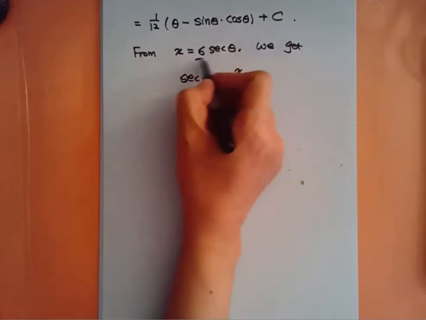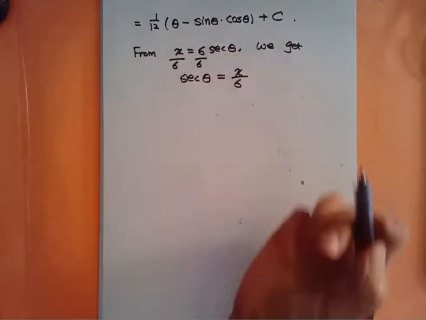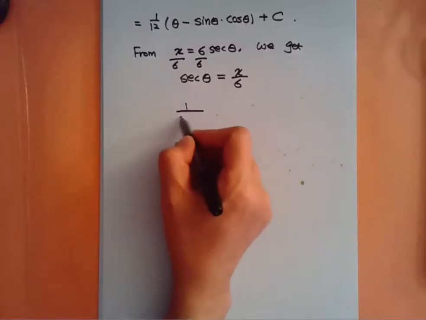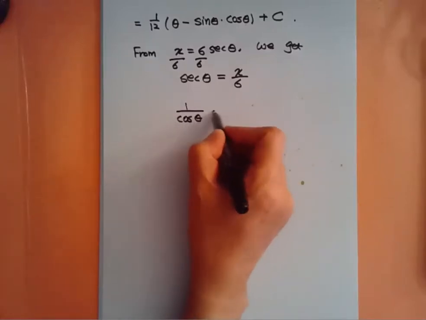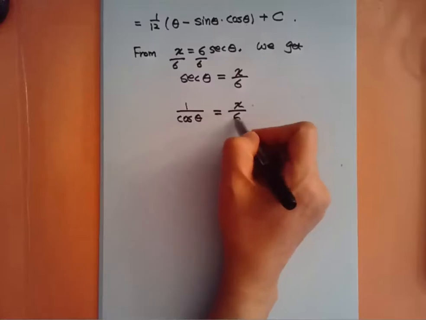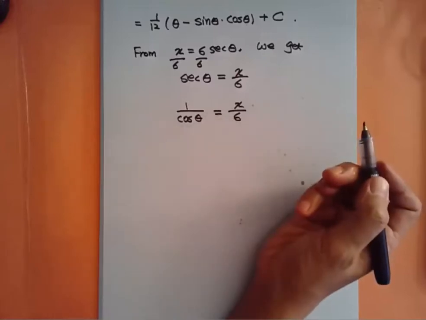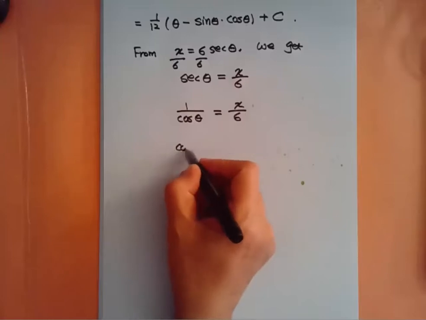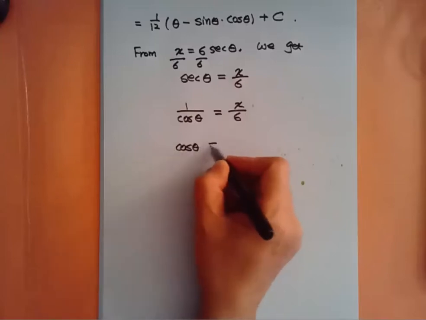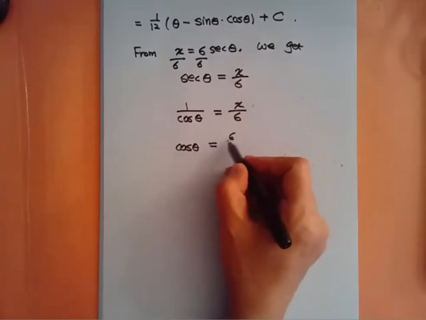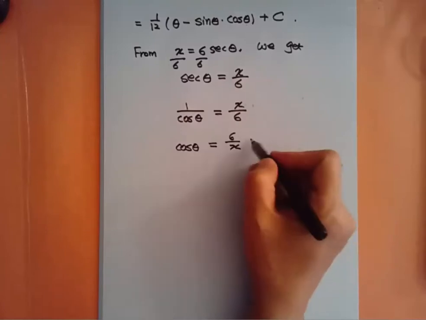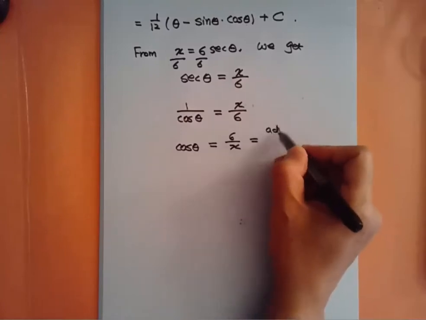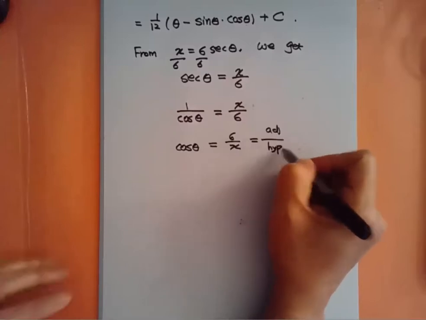I just divide by 6 on both sides here. Then we know that that is 1 / cosine of theta, that is x/6. And then we just flip both sides, then we have cosine of theta on the left side, that is 6/x. That comes from what? Adjacent over hypotenuse.